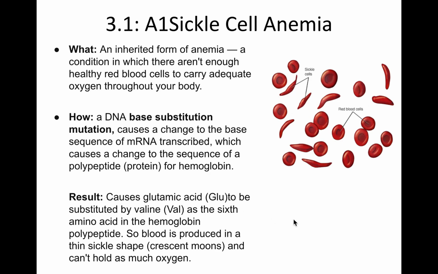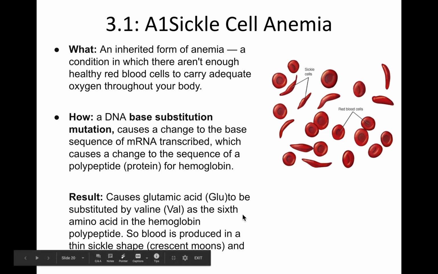The result is that glutamic acid, which is Glu, is one of the 20 amino acids, and it is substituted by valine, which is another amino acid. So now instead, Glu becomes Val, and it's the 6th amino acid in a hemoglobin polypeptide chain, or protein. The 6th amino acid is always the one that's changed, and that creates this shape if someone inherits sickle cell anemia.